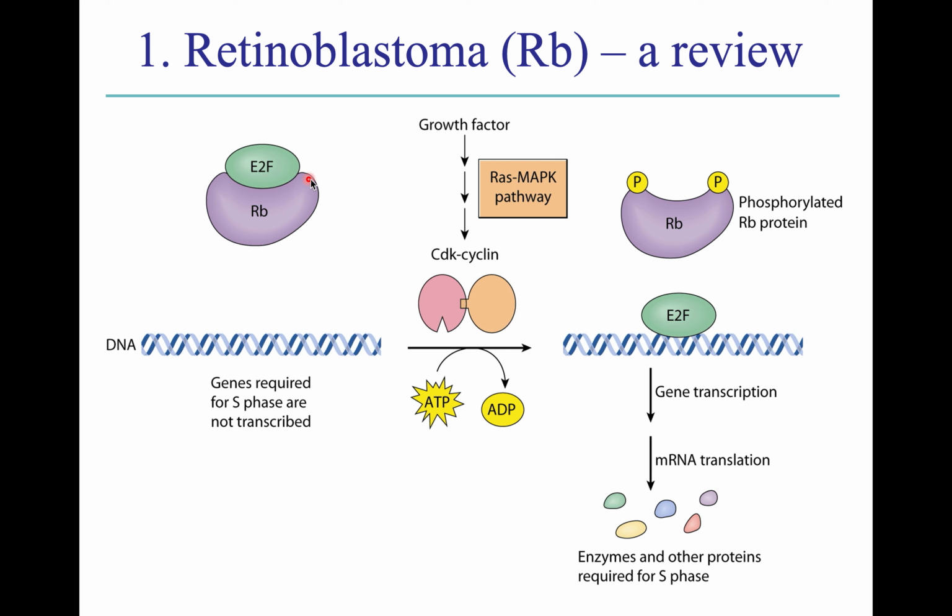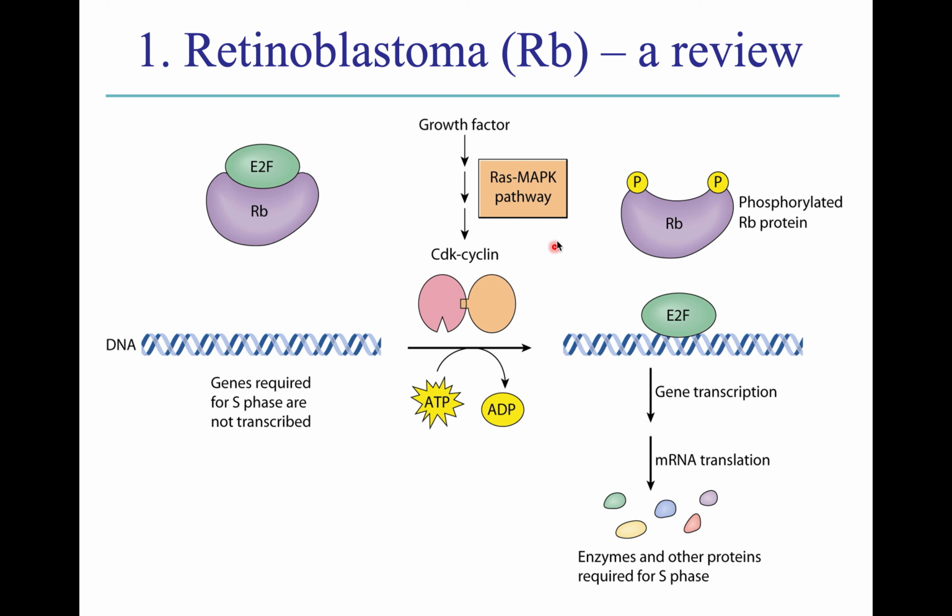If retinoblastoma is phosphorylated by CDK cyclins, it will release E2F, which will then go into the nucleus and activate transcription of genes that are necessary for proceeding through S phase, right? We basically start making all the enzymes that we need for DNA replication.